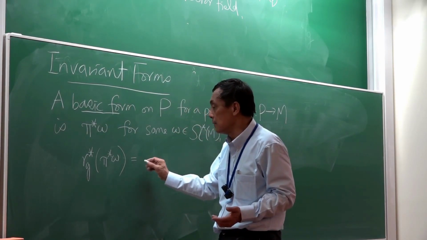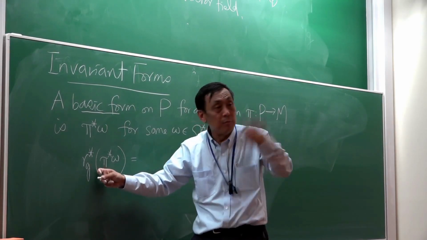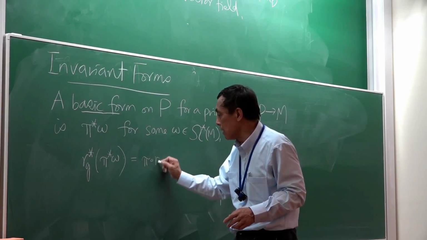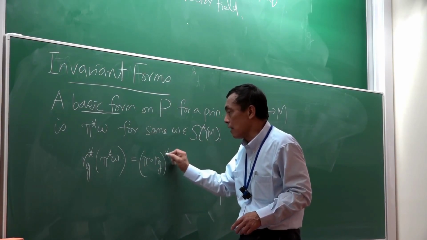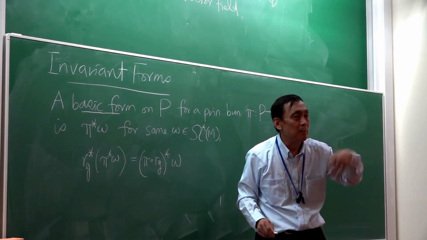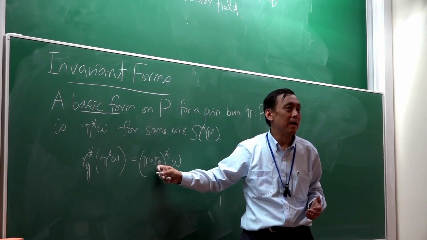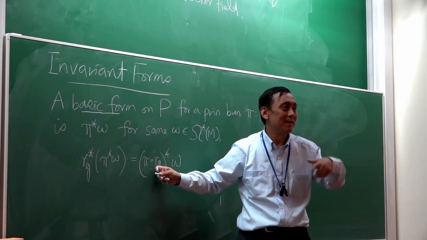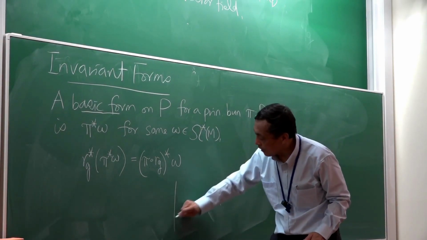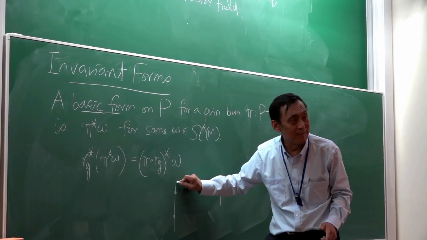Now pullback is contravariant, so this is going to be pi composed with R_g, star of omega. And what's pi composed with R_g? It's still pi, because R_g stays in the same fiber.